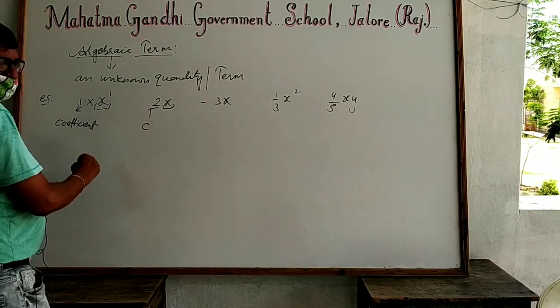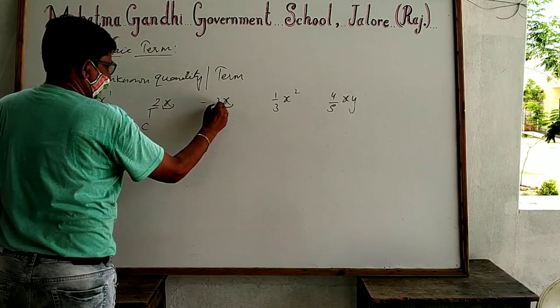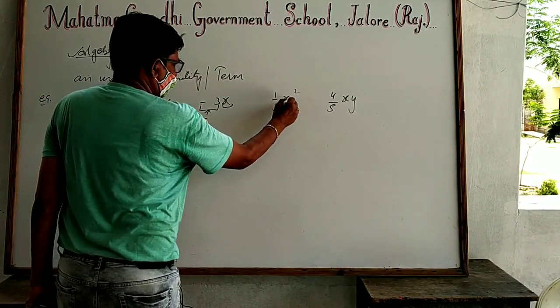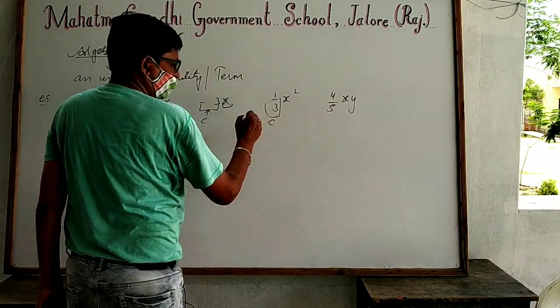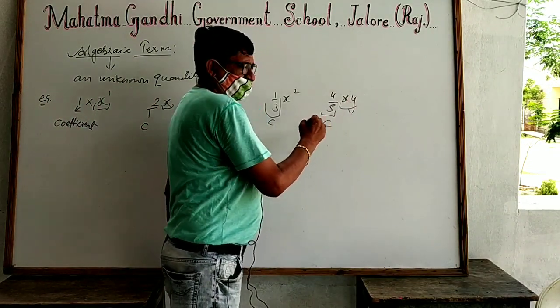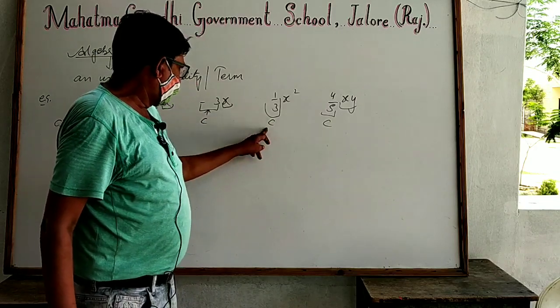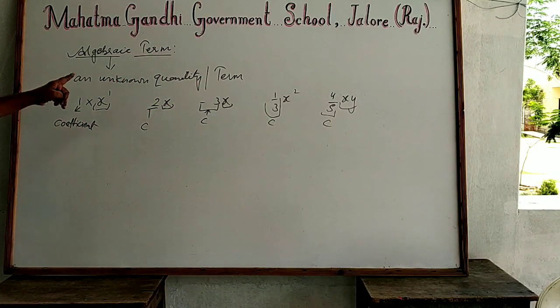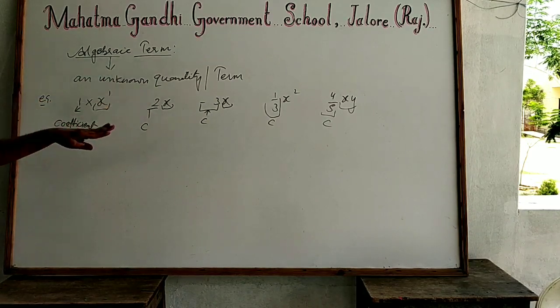The coefficient of x here is minus 3. Coefficient of x square is 1 by 3. Coefficient of xy is 4 by 5. C for coefficient. These are the coefficients of an algebraic term, which is an unknown quantity.